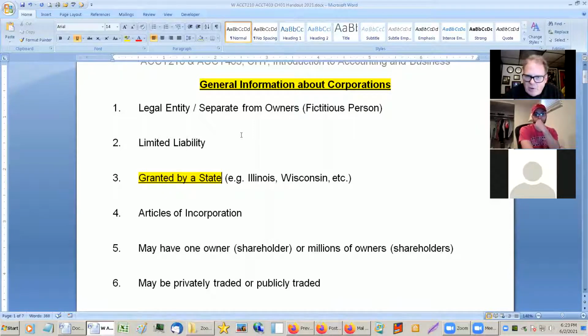The nice thing about corporations is that because the owners are completely separate, you can invest in corporations in areas you have no idea about. I'm not a tech person at all, but I can buy Microsoft stock. I can be an owner in Microsoft, even though I have no idea how computers work.